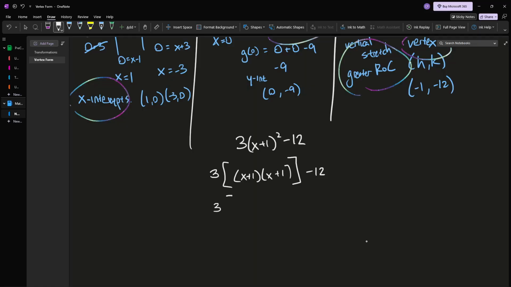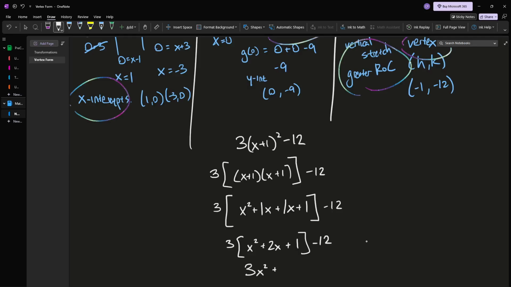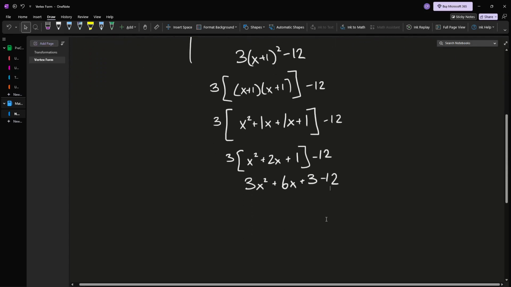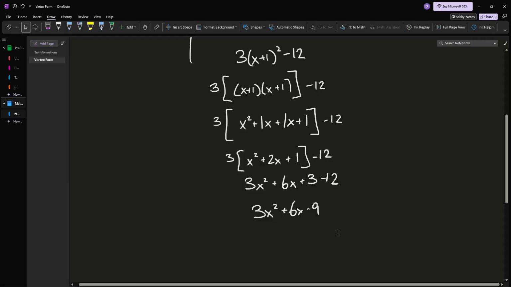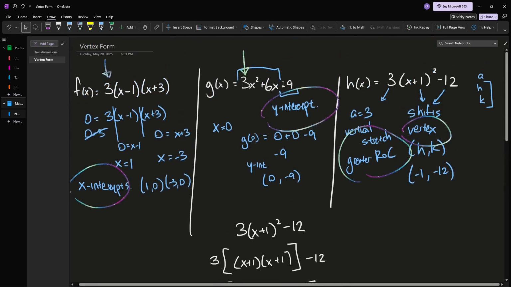We FOIL it out to get x squared plus 1x plus 1x plus 1. 3 times x squared plus 2x plus 1. 3x squared plus 6x plus 3. And finally, we get 3x squared plus 6x minus 9, which if we double check is equivalent.